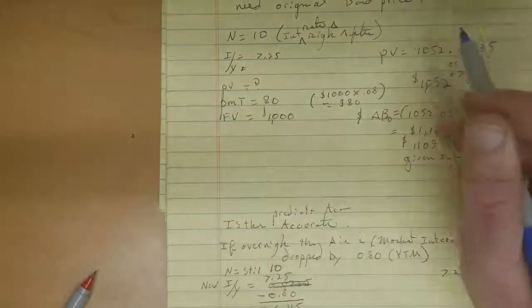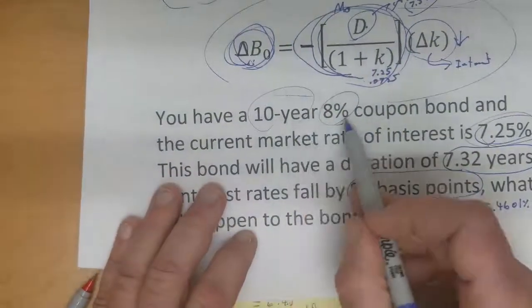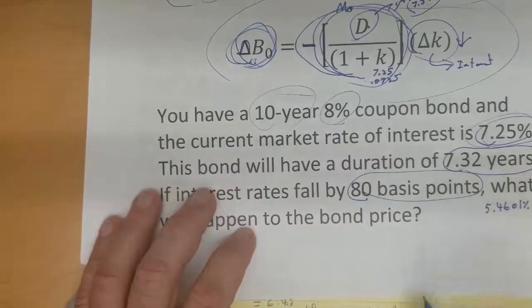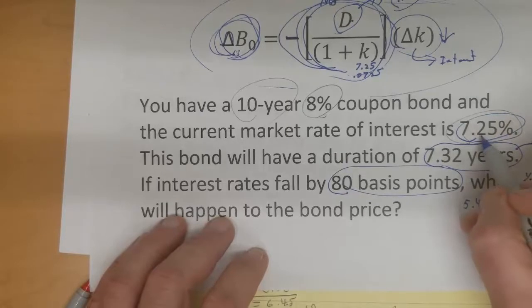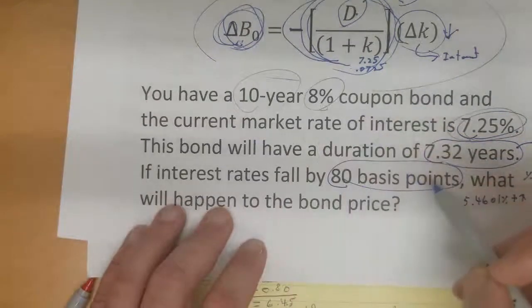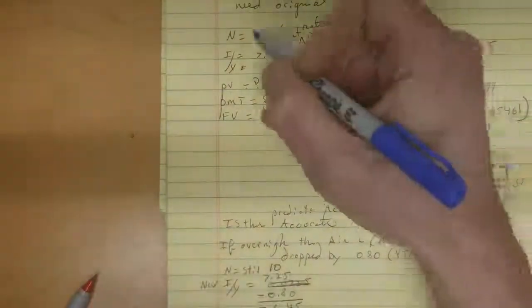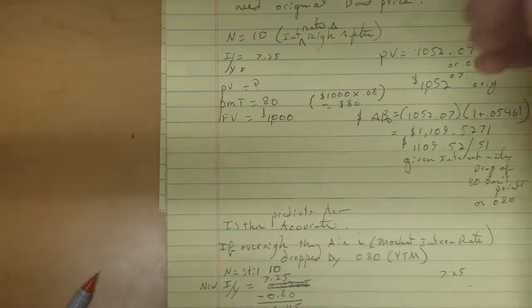So let's go back to the problem. What were we given? We were given a 10-year, 8% bond, and the current YTM is 7.25%. We have everything we need to calculate the original price of the bond at that point, as if the interest rate change happened right after we purchased the bond.